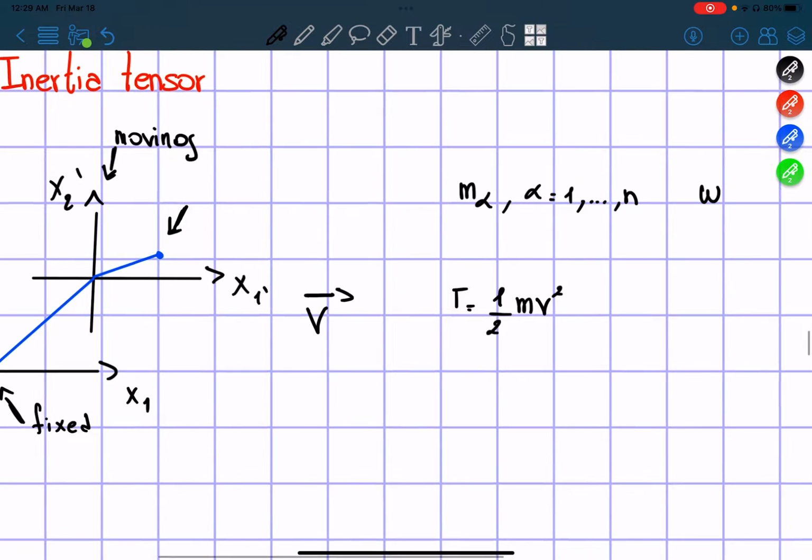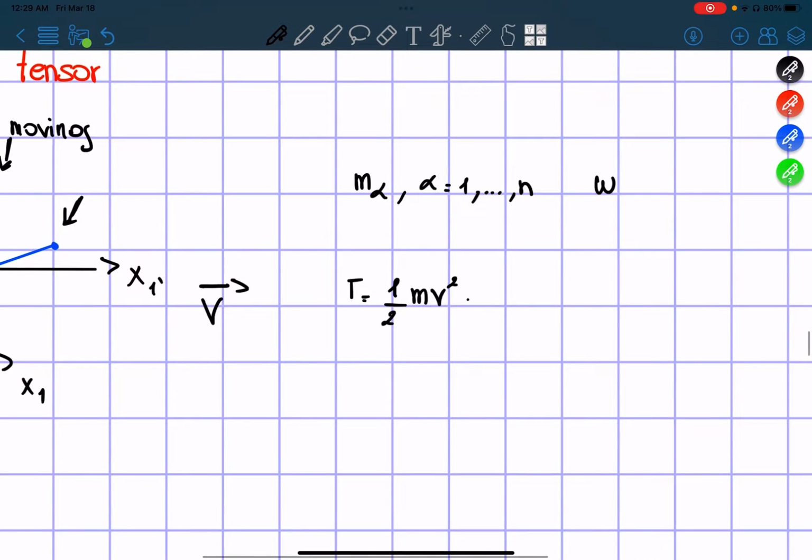Now, since we're talking about a series of particles, we're going to have 1/2 and then the sum of the particles, m alpha, with alpha going from 1 to n, and then v of alpha squared.